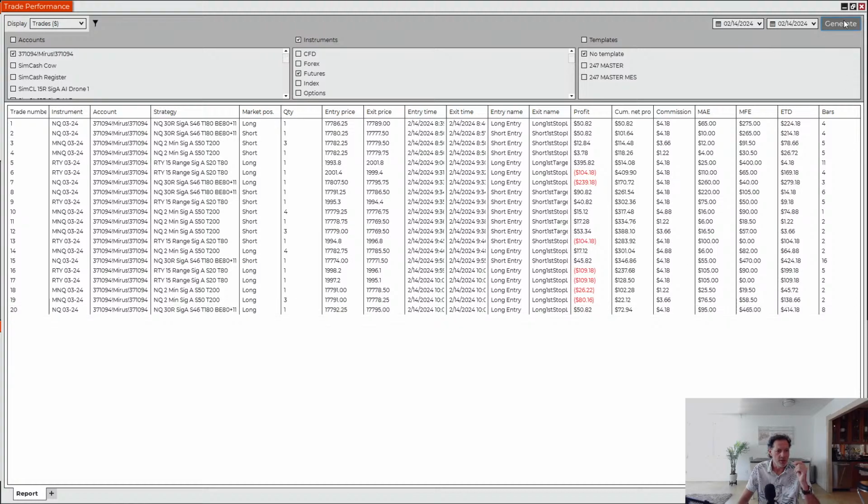And a lot of times you can just hit generate again, and if there's a trade behind the scenes that closed, it will show up here. So made a good trade there, had a nice profit. I was up to 514 was the high water mark so far this morning. I'm trying to show off the software, but if I was really just trying to make money, I would probably stop at $500 a day.